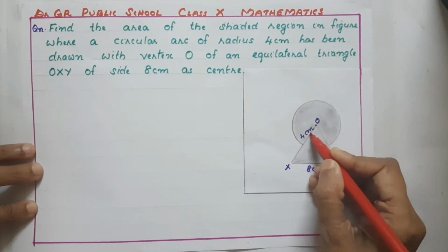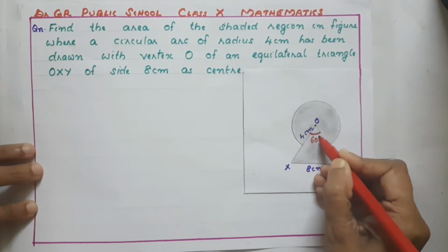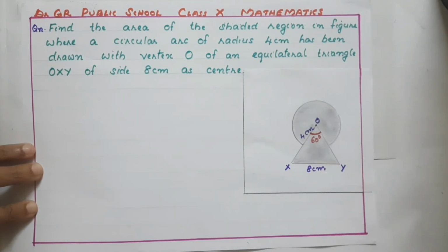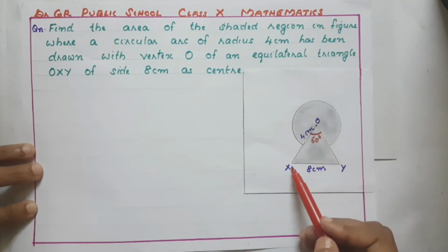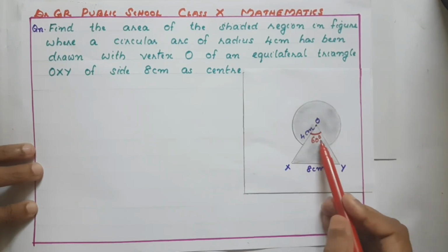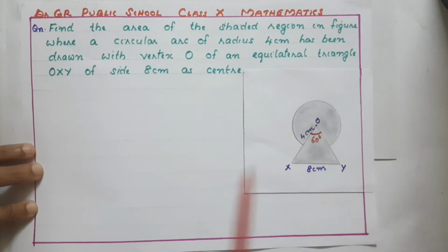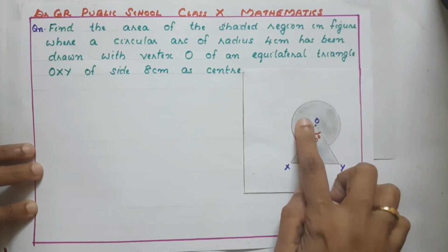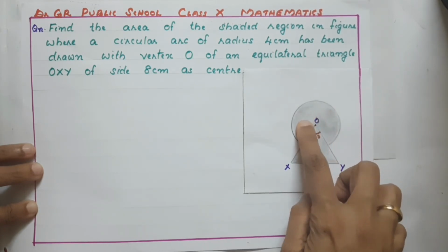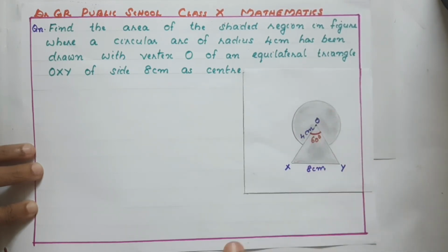Yes, so this angle is also 60 degrees. Okay. Now, the area of the shaded region is the area of this equilateral triangle plus the area of this major sector. So, you know both the formulae.